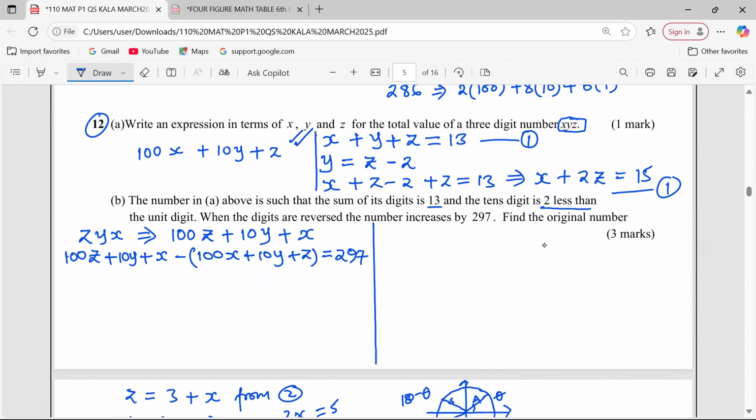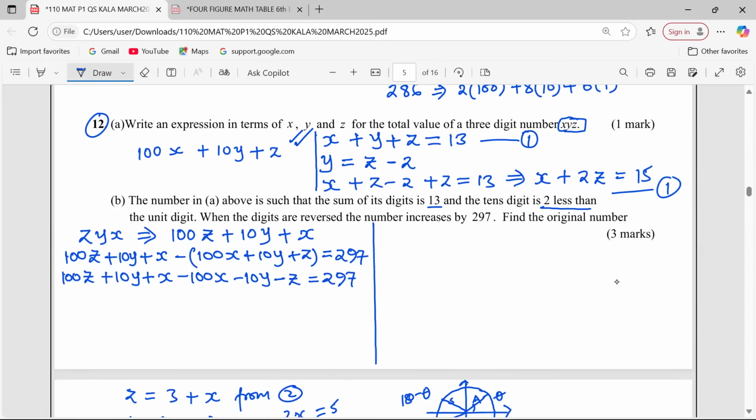If that is so, then it means 100z plus 10y plus x, minus 100x minus 10y minus z, equals 297.